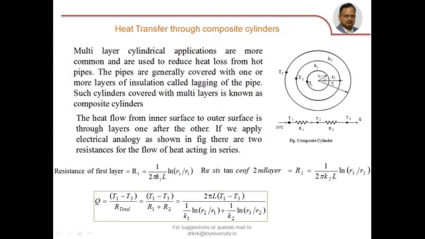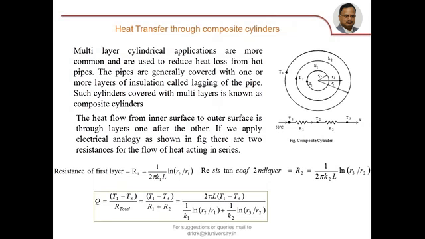So now this pipe of radius R1 is covered with first layer of insulation having thermal conductivity K1 and another layer of thermal conductivity K2. Because of adding insulation on the pipe, the radius is increased to R2. So the thickness of the insulation is R2 minus R1.